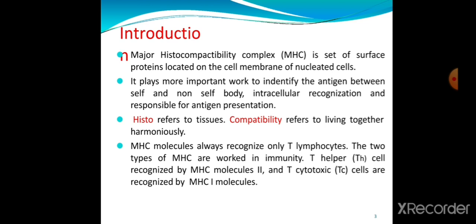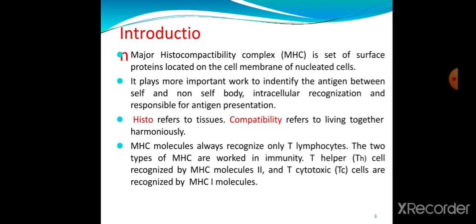So major histocompatibility complex is a set of surface proteins located on the cell membrane of nucleated cells. We can say these are surface proteins present on the plasma membrane of WBCs and other nucleated cells that are unique for each person except identical twins.